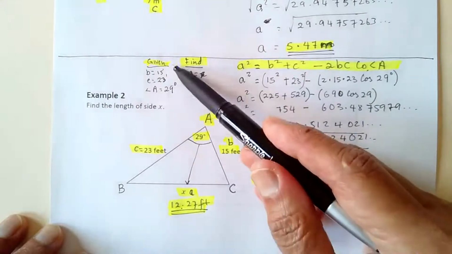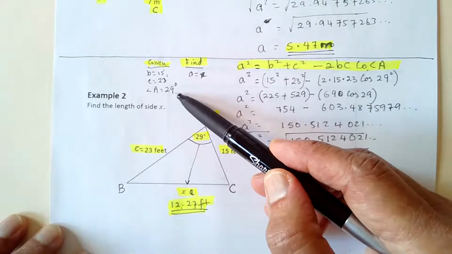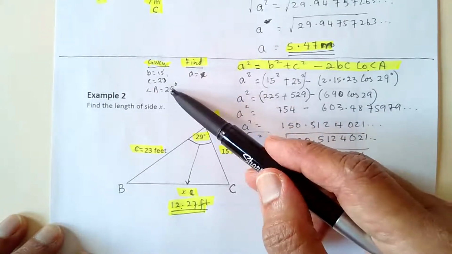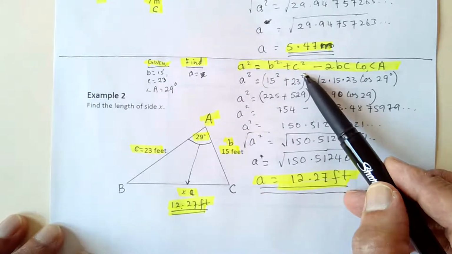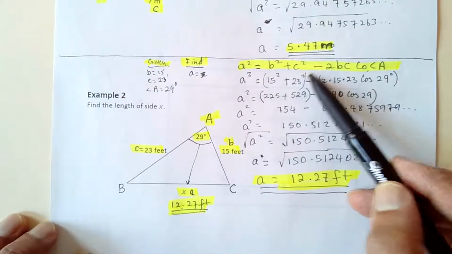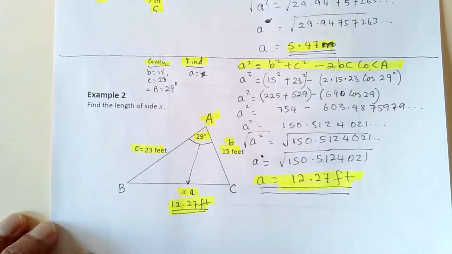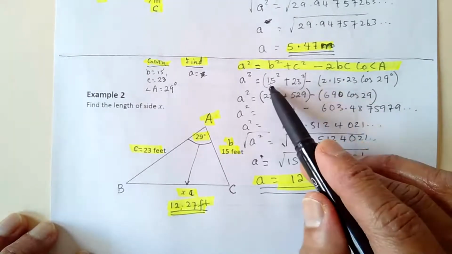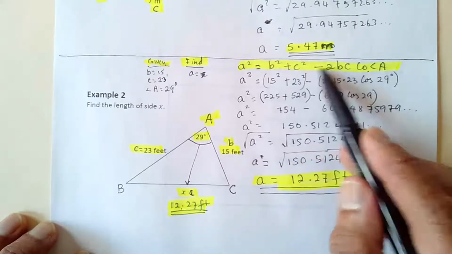Then we write down what's given, what we need to find, then substitute what's given into our cosine rule and follow through with your calculation. Be careful not to mix up b squared plus c squared.